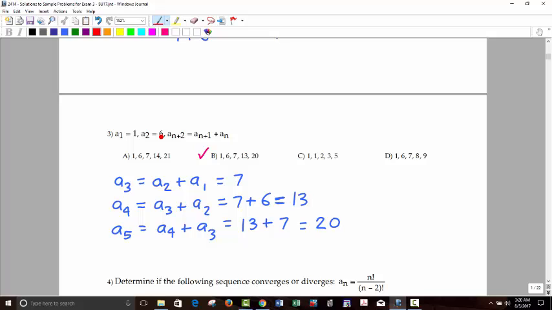So if we have 1 and 6, that means 1 plus 6 will make 7. And then a4 will be the previous 2 terms added together. So now we've got 1, 6, and 7. So it's 7 plus 6, which will be 13. And a5 will be a4 plus a3. 13 plus 7 is 20. And there you go, it's answer B.